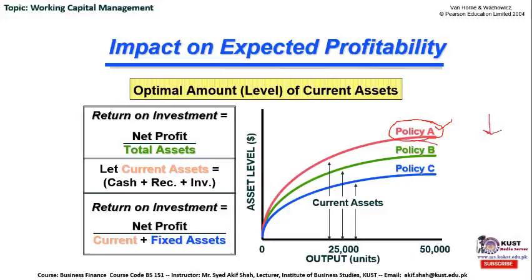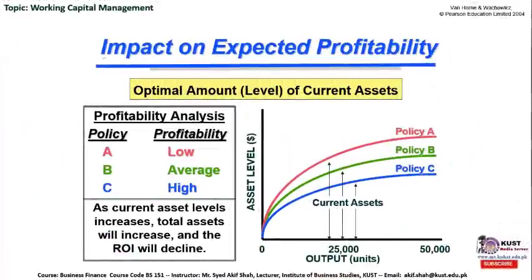When the company has an average level of current assets, it will once again have average profitability. And when the company keeps fewer resources in current assets, it will have a high level of profitability on the basis of return on investment.